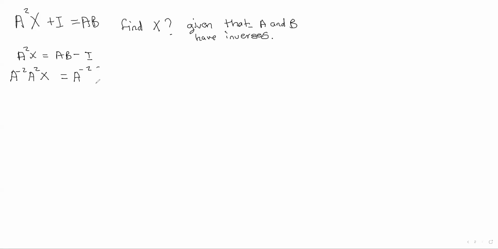So it's going to be A minus 2 times AB minus I. The reason is because when it comes to matrices, AB is not the same as BA. With numbers, of course, AB is equal to BA, like 2 times 3 is the same as 3 times 2. But with matrices, this rule doesn't apply. It only applies under certain conditions.